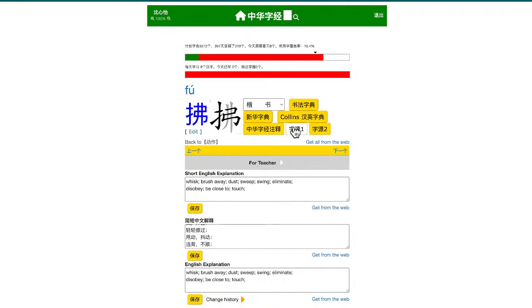Let's take a look at the character. On the right hand side is 弗. Now 弗, the original meaning is a correction, to ratify some situation so it will be right, so it will be appropriate.